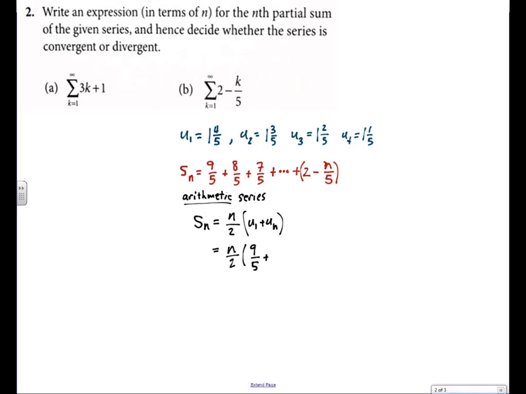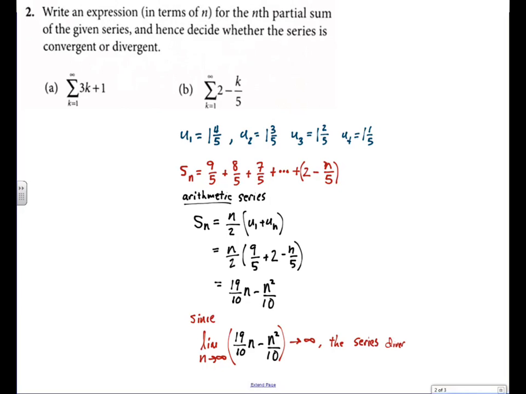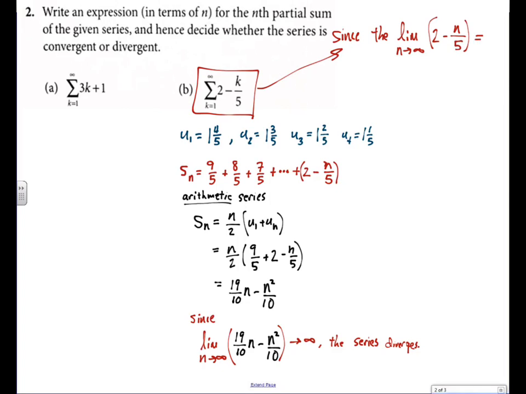So we put in the first term, 9/5, we put in the last term, and then we do some cosmetics, clean it all up. And as we know, the limit as n approaches infinity of this quadratic is not going to 0. In fact, it's going to infinity. So the series diverges. Since the limit as n goes to infinity is not equal to 0, then we can assume the series will diverge.